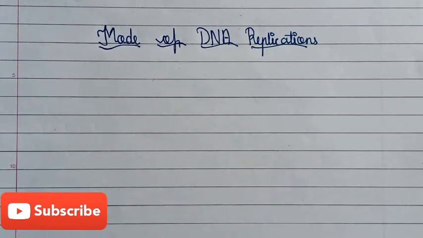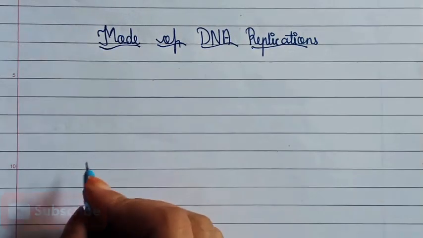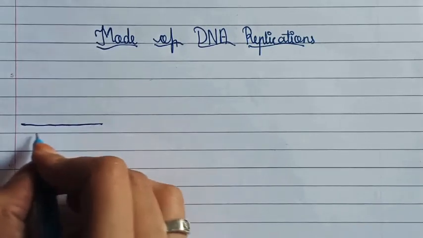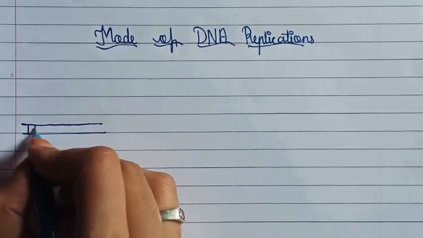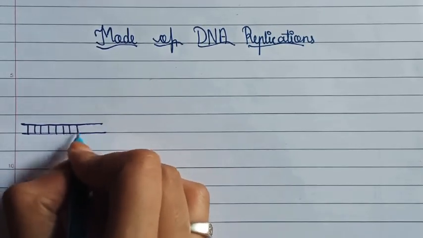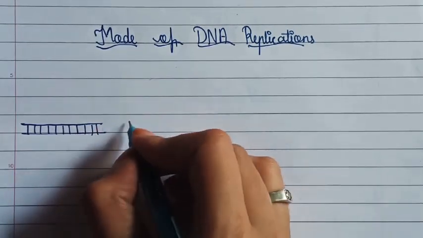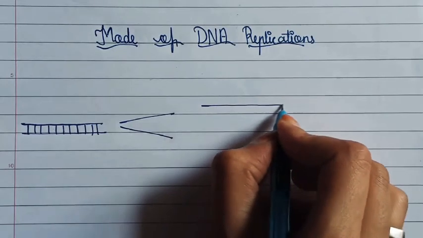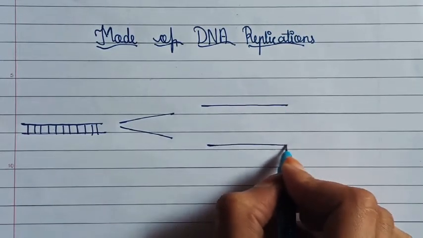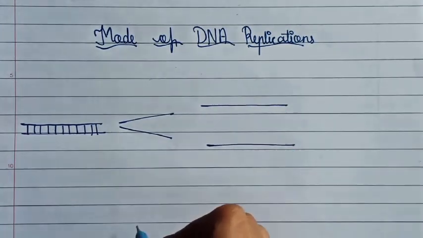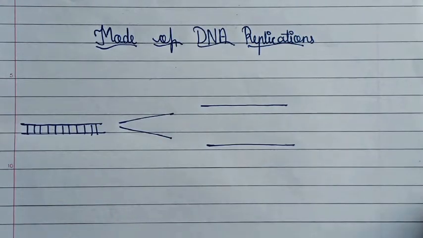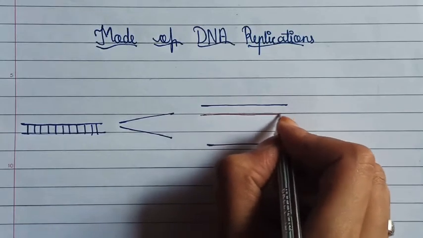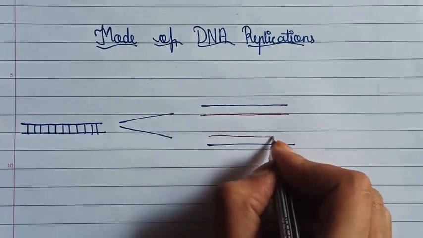So we will see through the diagram. Watson and Crick say that if this is a parental DNA, here you can see it is an old or parental DNA. When this DNA gets replicated, these two strands are going to separate, meaning the parental strands separate and newly synthesized strands are going to be attached there.